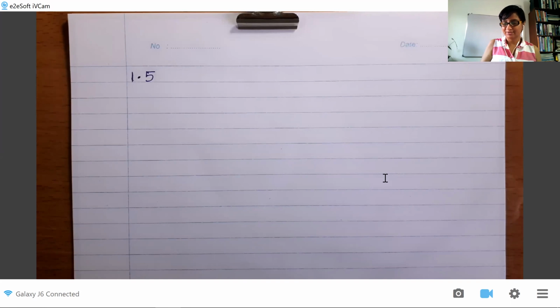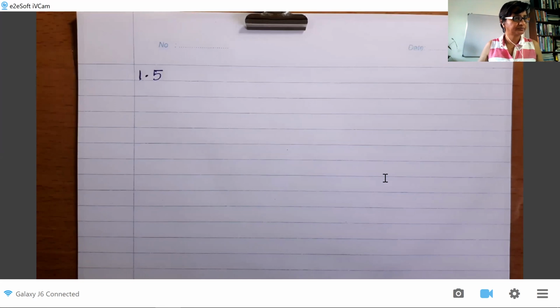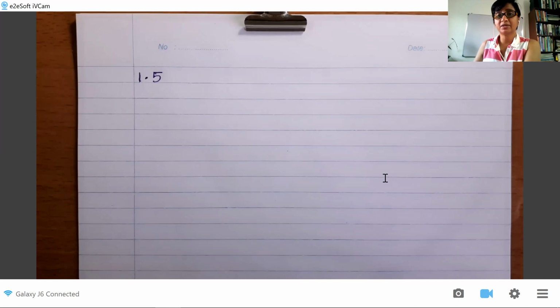So these are called non-linear simultaneous equations. To relate it to quadratics, I will put the topic as simultaneous equations with quadratics.